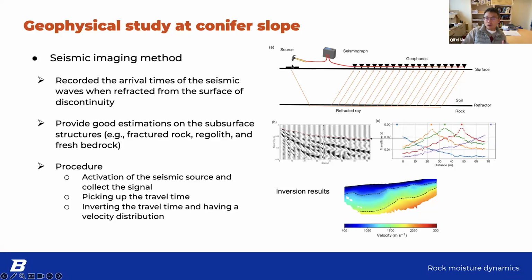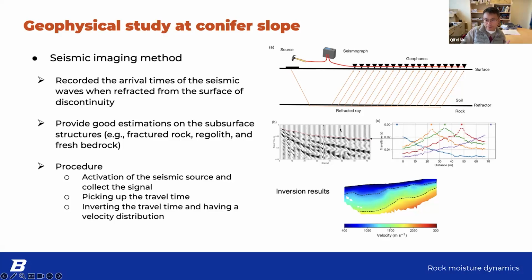All the geophones collect the data, and because it takes time for the wave to travel through the subsurface to the geophone location, you can determine the travel time for each of them. For example, you put the seismic source here, and travel time is the y-axis.